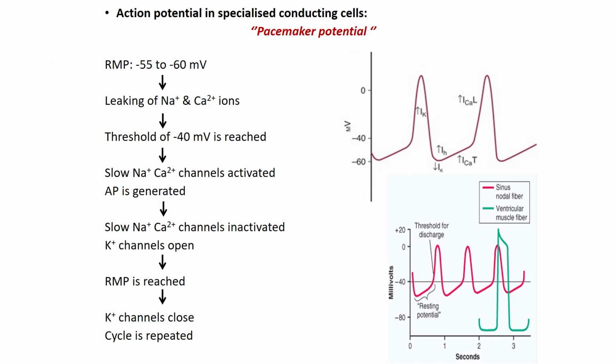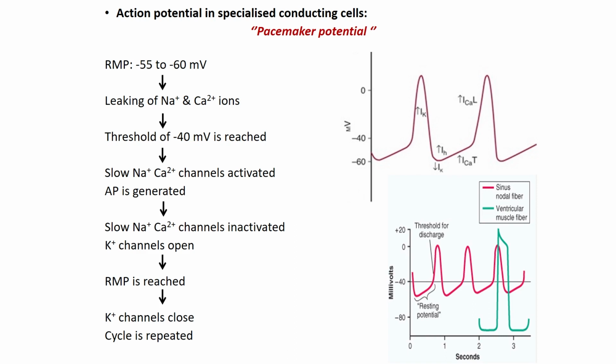Action potential in specialized conducting cells, that is, the pacemaker potential. As I discussed earlier, the resting membrane potential is about minus 55 to minus 60 millivolt. There is leaking of sodium and calcium ions, and it reaches the threshold of minus 40 millivolt, and the slow sodium and calcium channels are activated and the action potential is generated.